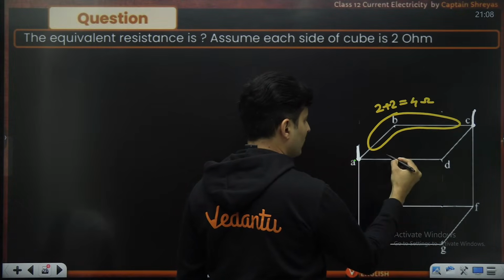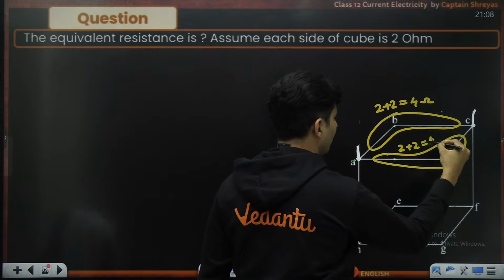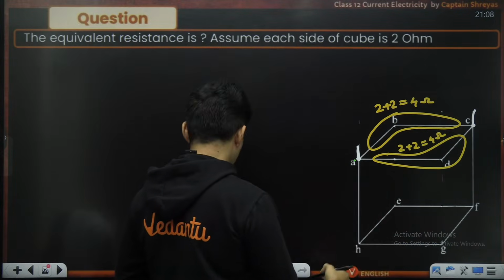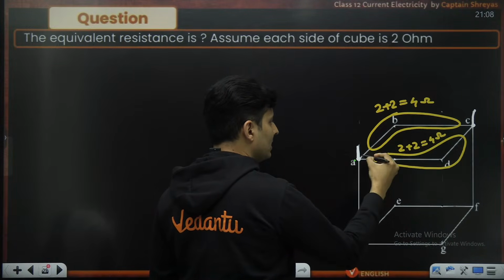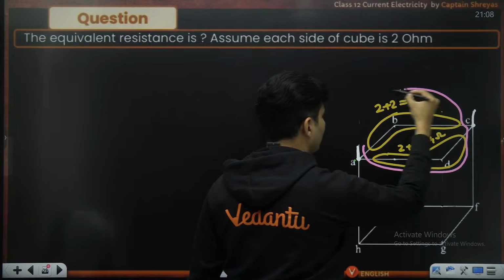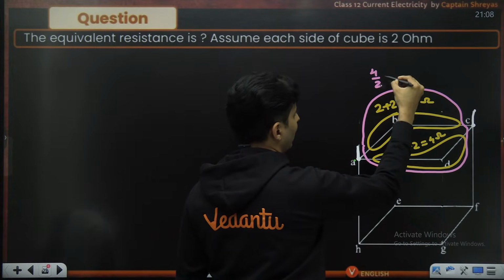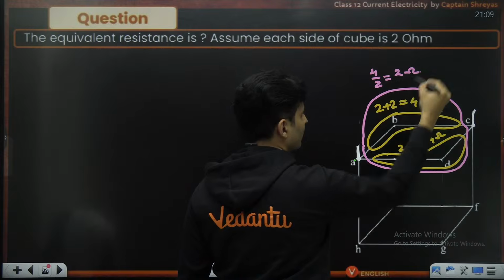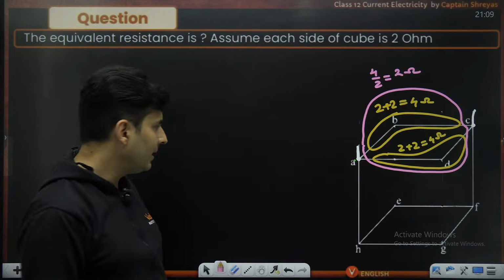This and this side are also 2 ohms each, so 2 plus 2 is 4 ohms. So they both are in parallel with each other. So this entire upper part of the cube is parallel. So 4 and 4 means 4 by 2, which is 2 ohms. So this entire part is 2 ohms. Everybody can see that?